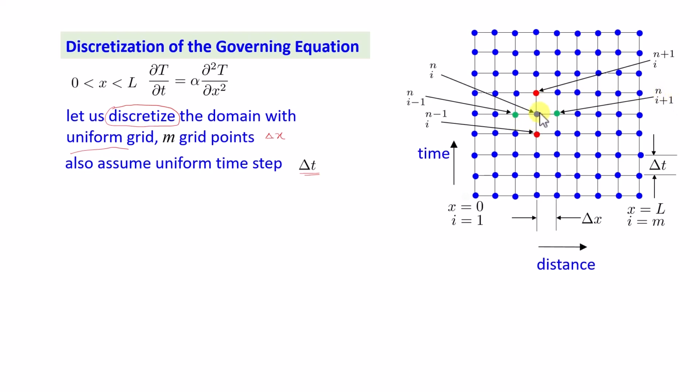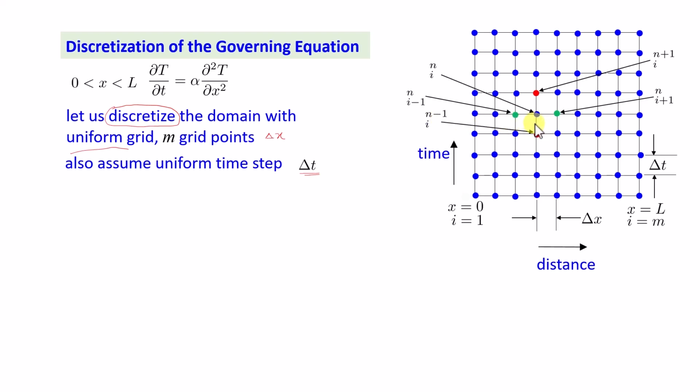The point right above this blue point is my red point. For the red point and the blue point, the space index is the same, so they are both at i, but the index of the red point above this blue will be i in space, n plus 1 in time. Similarly, the red point below this blue would be i in space, n minus 1 in time.